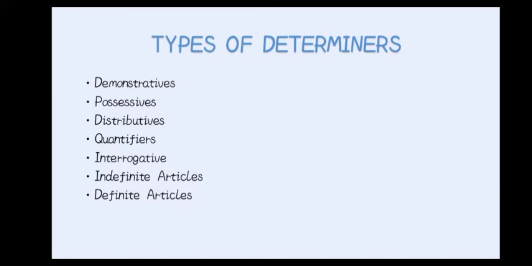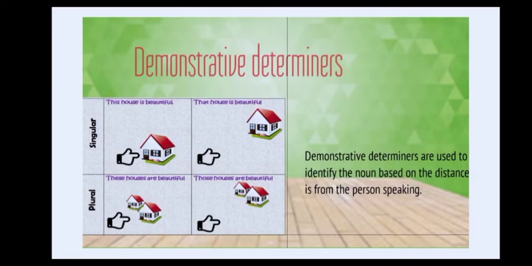Now see, firstly talking about demonstrative. The word demonstrative means demonstration, when you represent something or when you point out something. The main core word for demonstrative comes from demonstration.